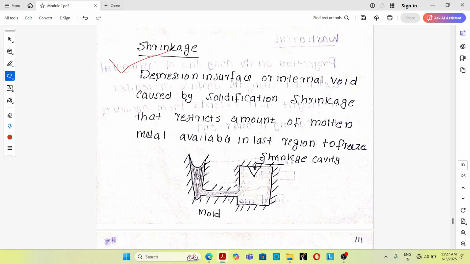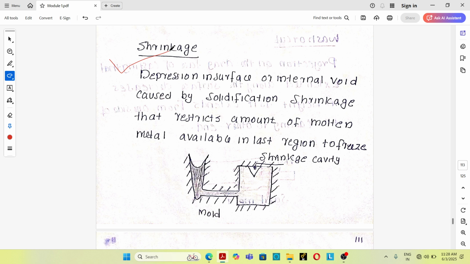Next one is shrinkage hole or shrinkage cavity. We have already discussed what we mean by shrinkage. Shrinkage is defined as the volumetric contraction that happens to the casting during solidification. During solidification, the entire volume of the casting decreases, and that is a defect in casting known as shrinkage.